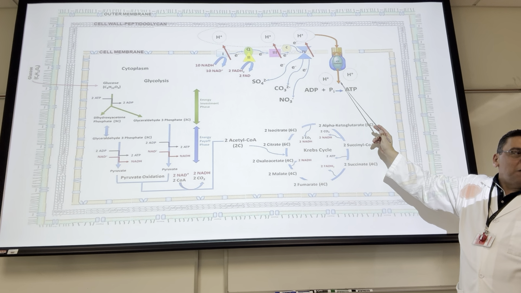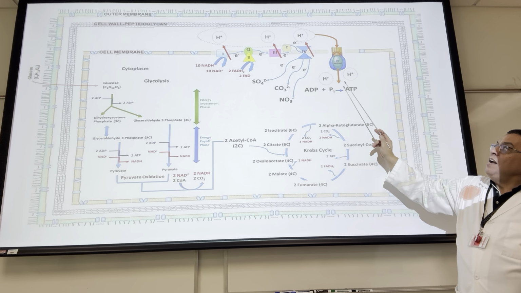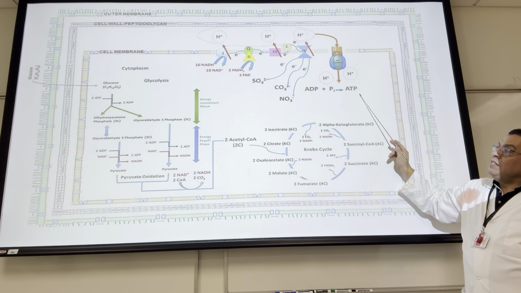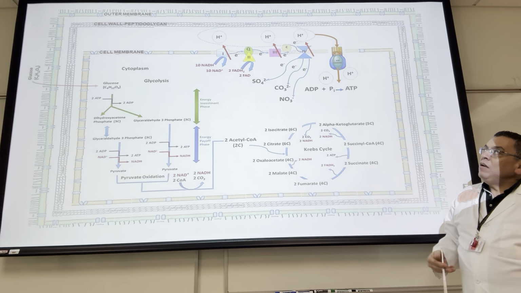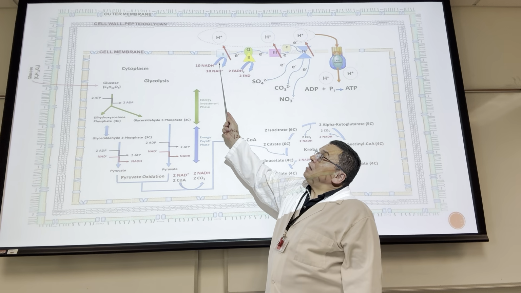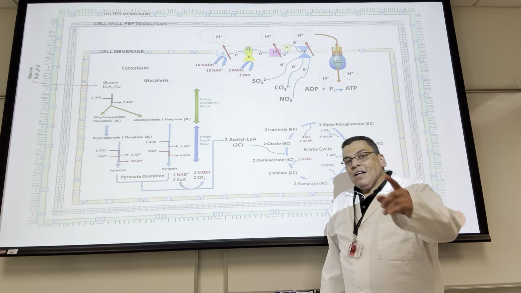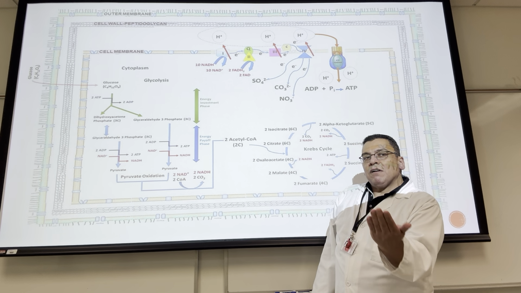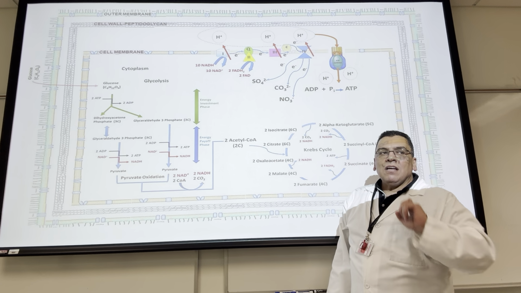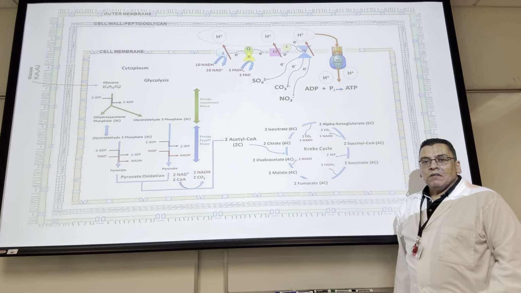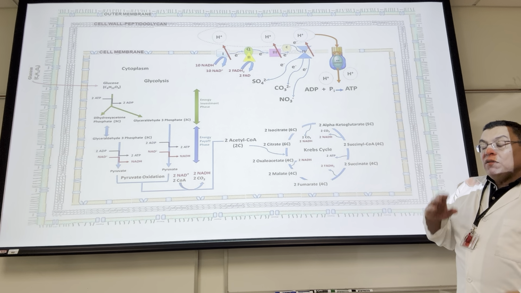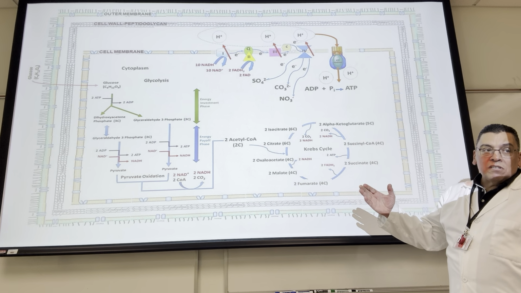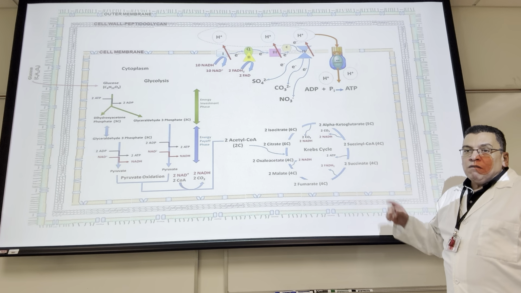I am making ATP. It's in the name, right? So the name of this process is chemiosmosis. What is the name of this process? Electron transport chain. What's the name of both of them together? Oxidative phosphorylation. Electron transport chain plus chemiosmosis is your oxidative phosphorylation.